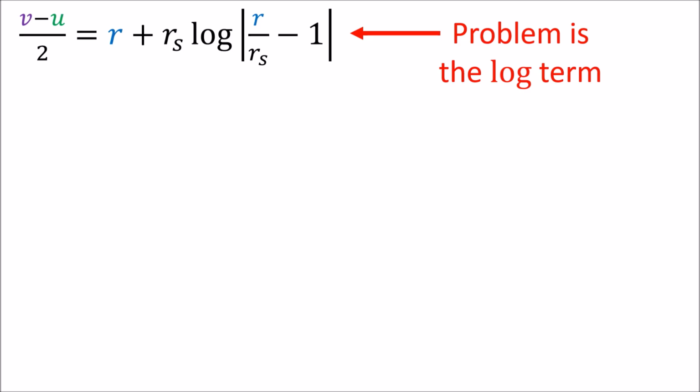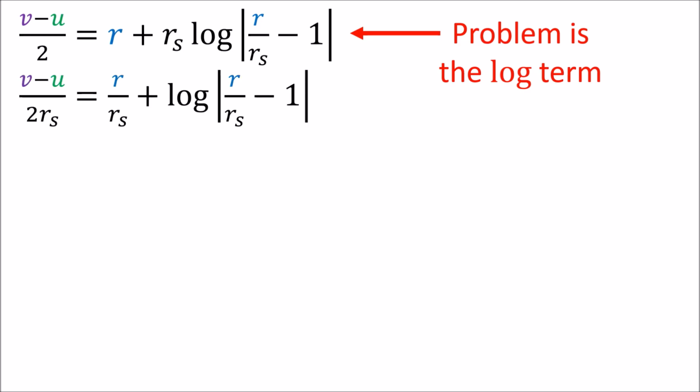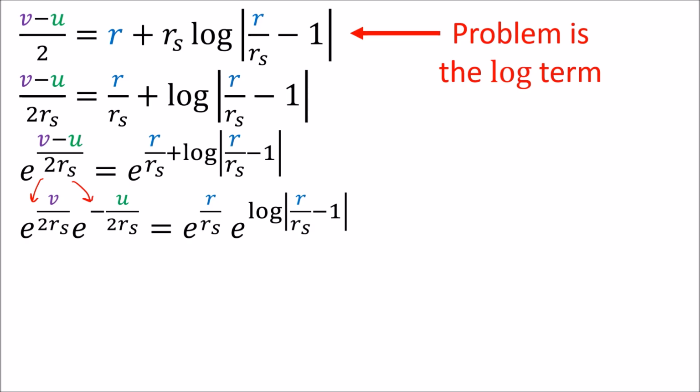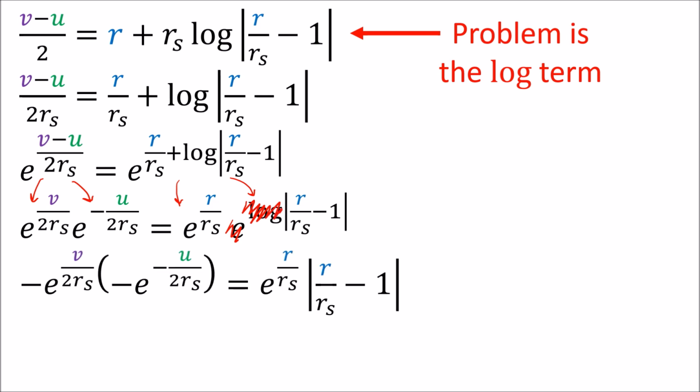The resolution to this is a clever coordinate substitution. First, we'll divide all terms by rs, then exponentiate both sides. We rewrite the exponential sums as products of exponentials, and e and log are inverse functions, so they cancel each other out.